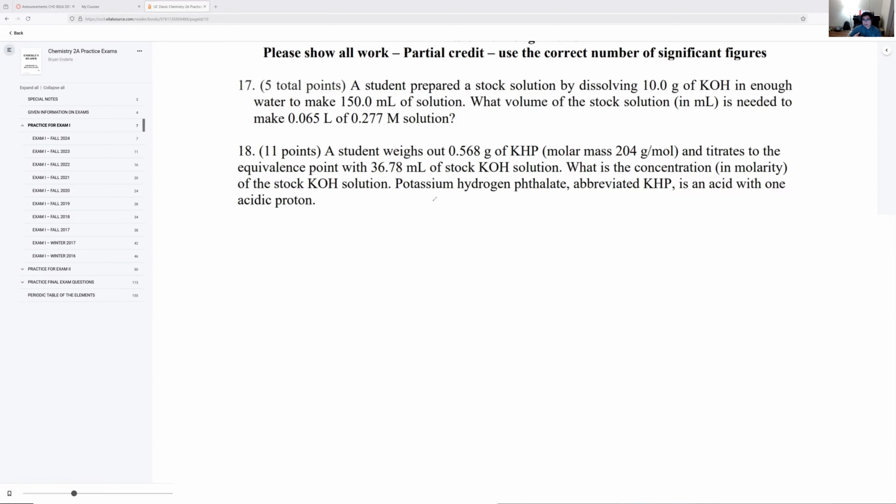So a titration in general is where you're adding an acid to a base. Now, if you're neutralizing the acid or the base, with one or the other, what this is telling you is that your moles of hydroxide are equivalent to the moles of H plus. Not the moles of the acid is equal to moles of the base, right?